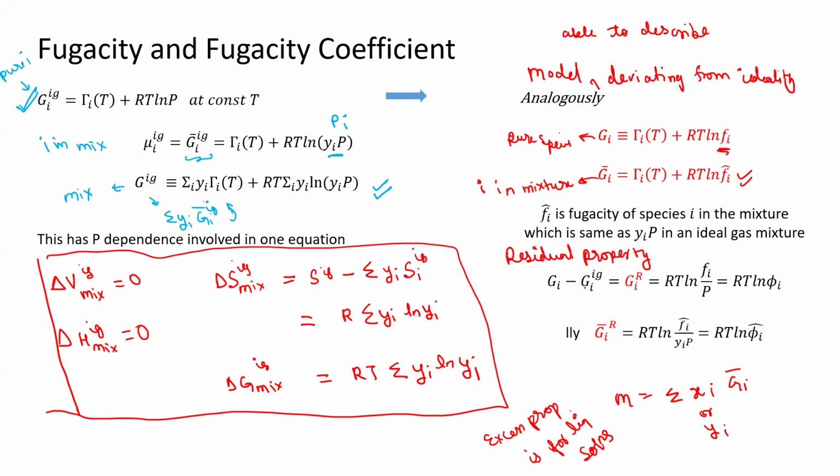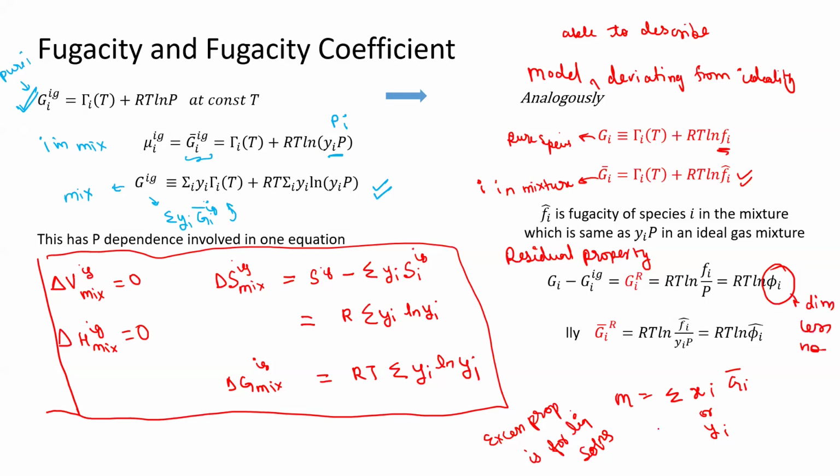So G_i minus G_i^IG, G_i^R, is defined as RT ln(f_i/P), and here this is phi. So this minus this we are doing, and that's how we are getting f_i by P. So that's why we have the fugacity coefficient. It is pressure by pressure, right? This has pressure units in both, so this is a dimensionless number.